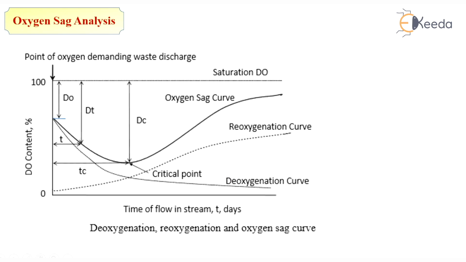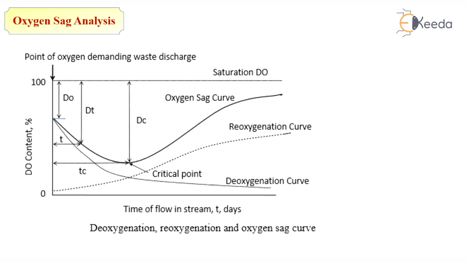As we see in this graph, in the deoxygenation curve the dissolved oxygen content goes on decreasing. That means at the initial point there is some dissolved oxygen content, but because of the high level of organic matter present in that sewage, the full oxygen is utilized for decomposition or oxidation of this organic matter.